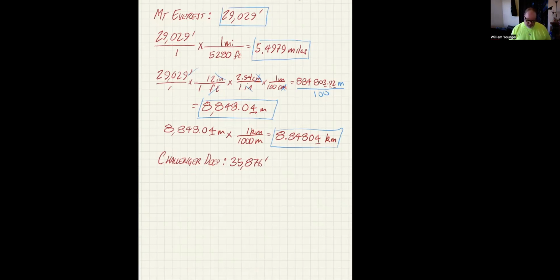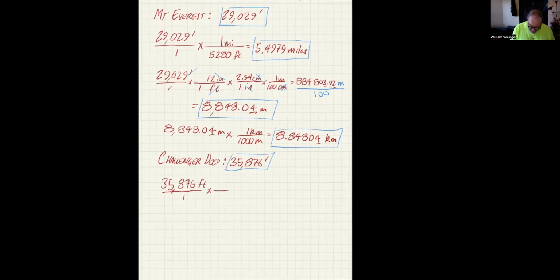So again, we would like to write that not only in feet, which we have, but we'd like it in miles, meters, and kilometers. So 35,876, again we're using 5 sig figs here, feet. I'll put that over 1 just to make the conversions easier, so that people that are not that gifted in fractions won't make any mistakes.